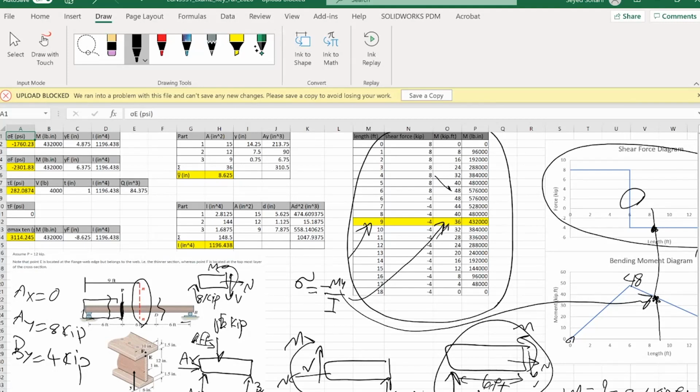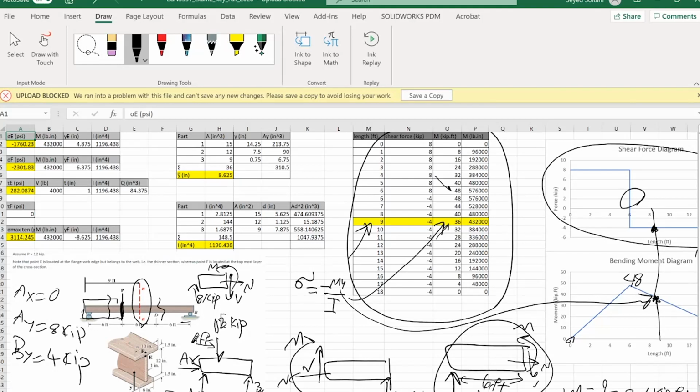You also need to determine I and y. I and y are being determined based on the cross-section. Do we have that cross-section? The answer is yes, it's right here.